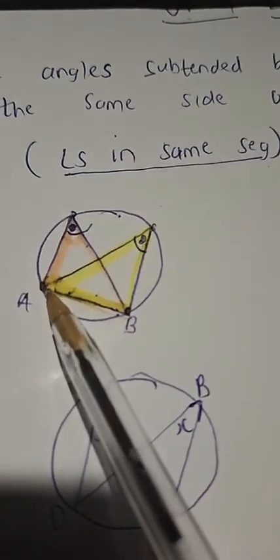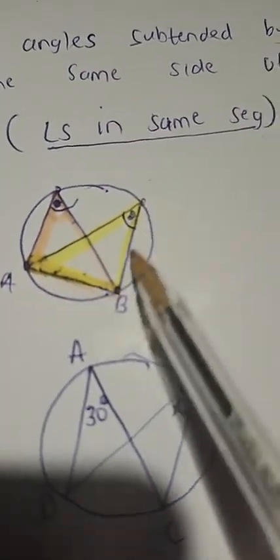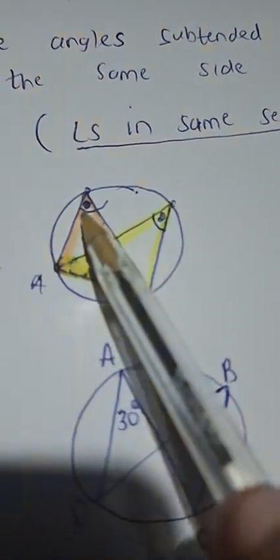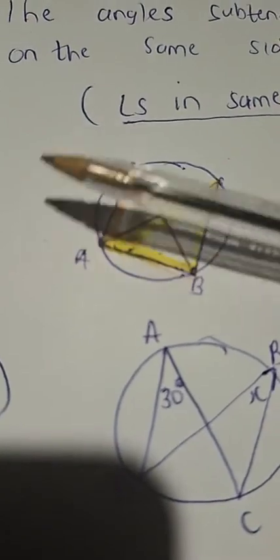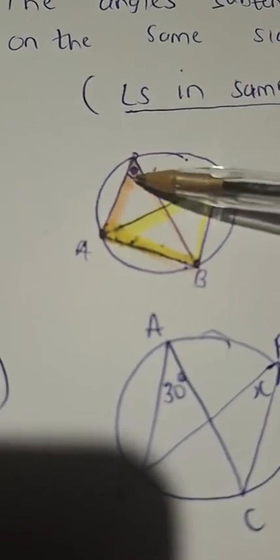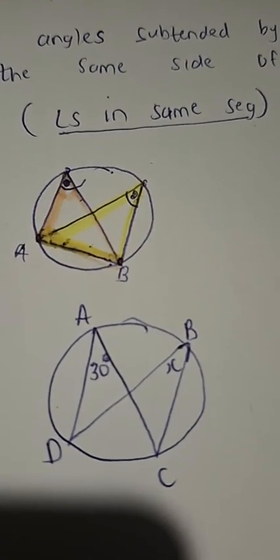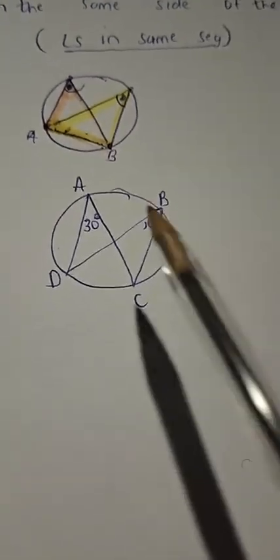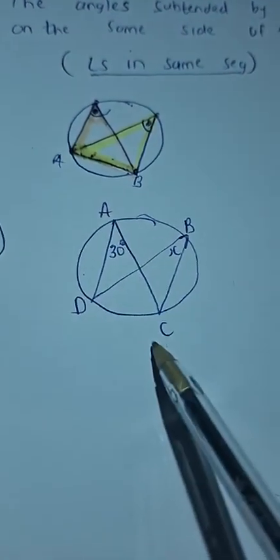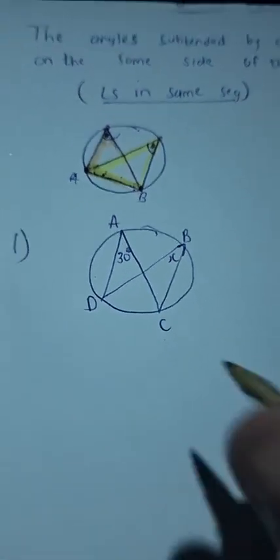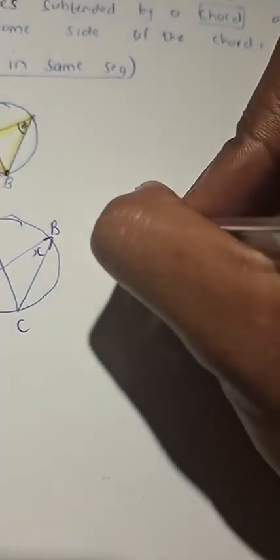Remember, I said if this chord subtends angles at the circumference, those angles on the same side of this chord, we say that those angles are equal. That's what we are saying from the theorem. So if we look at this diagram, if this is 30, what is the value of x? We are all agreeing together that x is equal to 30 degrees.